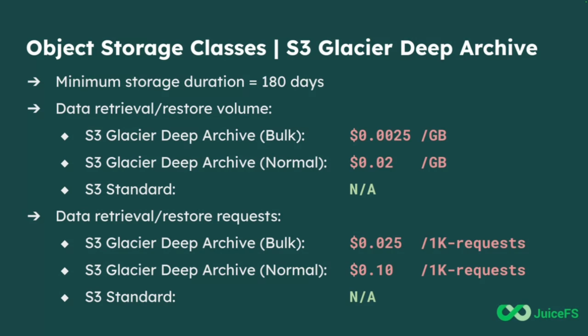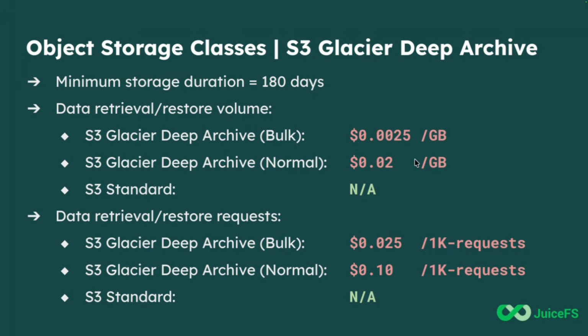When we restore them, we get charged as well, right? For S3 Glacier Deep Archive, we have two sub-tiers for data retrieval. One is called bulk, and the other is called normal or standard. If we do a bulk restore, that's how much we're going to get charged.